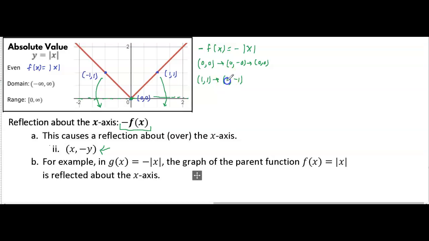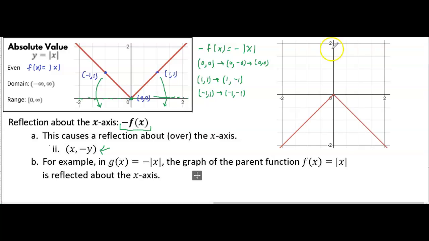We expect that to become 1, negative 1, and then we have negative 1, 1, which we expect to become negative 1, negative 1. And let's take a look at the graph. Cool, and it looks to be about right. Things got flipped over. Looking at our points, 0, 0 stays in the same spot. We were at negative 1, 1 and 1, 1. And we saw that the point 1, 1 should have become 1, negative 1.